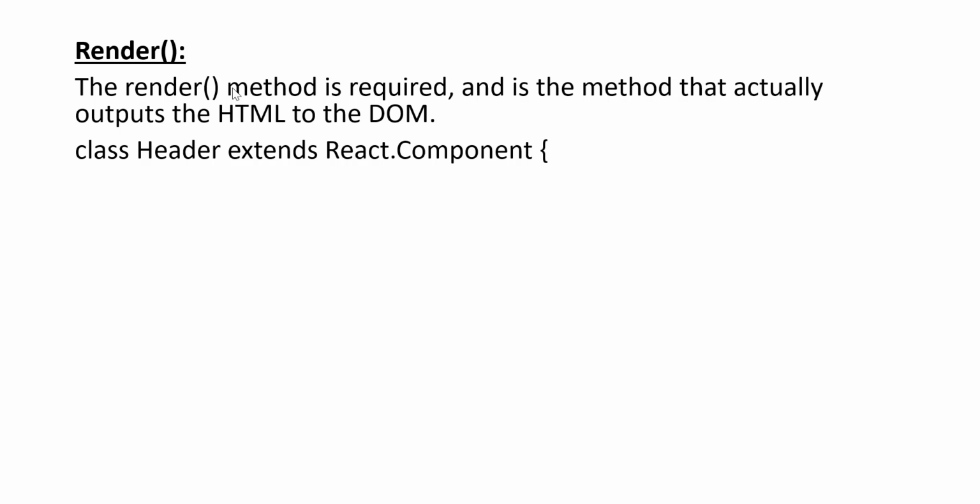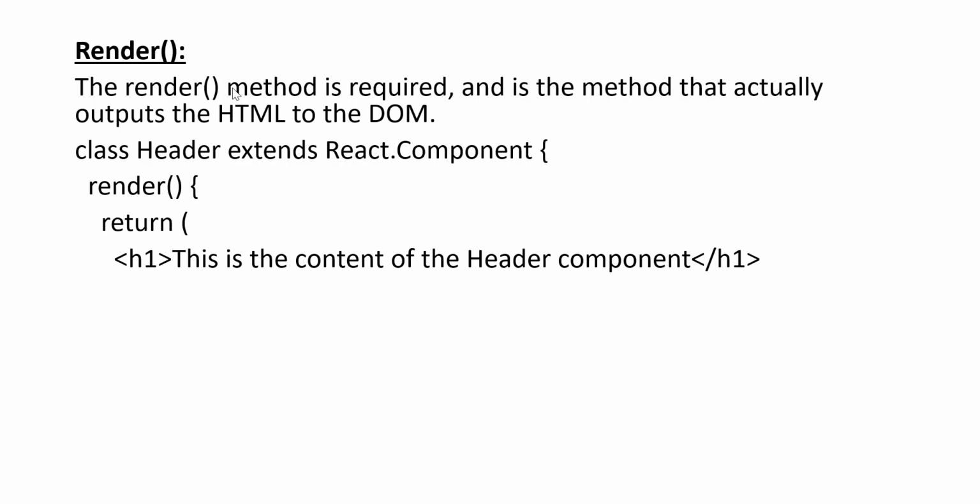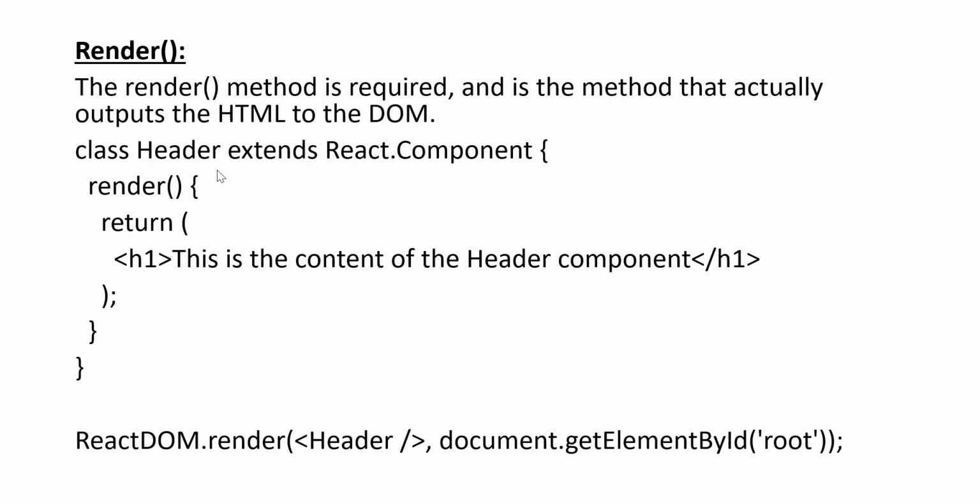Class Header extends React.Component, then render, then we will return the content. If Header is a component, then we will call this render method like Header so that it will render to the browser.